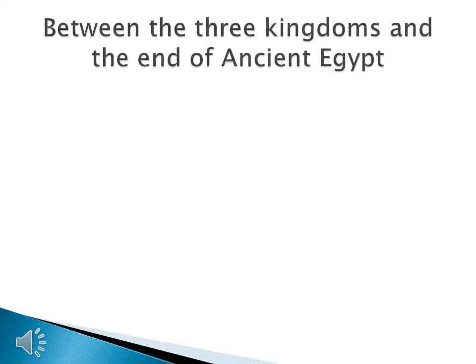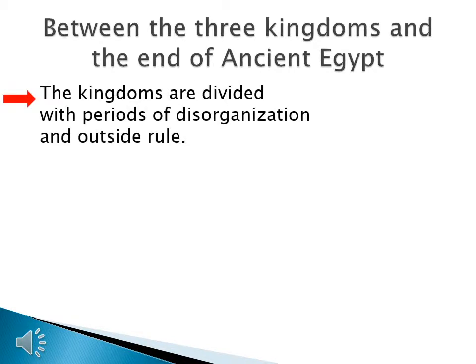So, we have these three unified kingdoms of Egypt. But what's going on when Egypt isn't unified? And more importantly, when does ancient Egyptian civilization end? And why? Alright. Well, the three kingdoms are divided with periods of disorganization and outside rule.